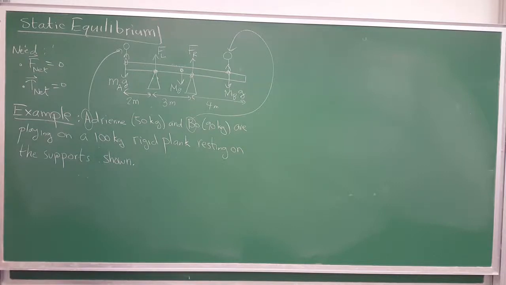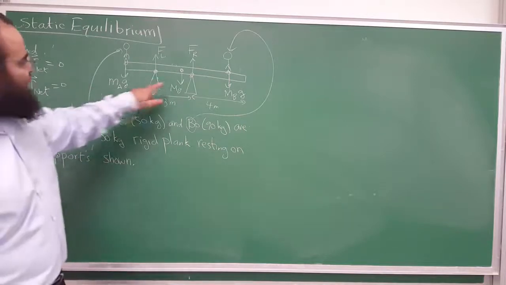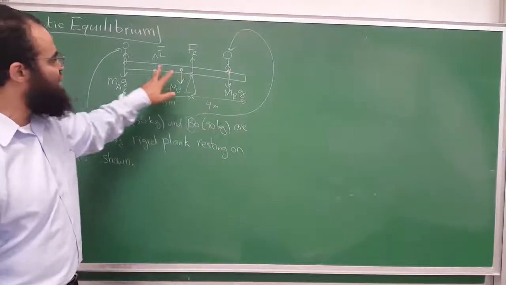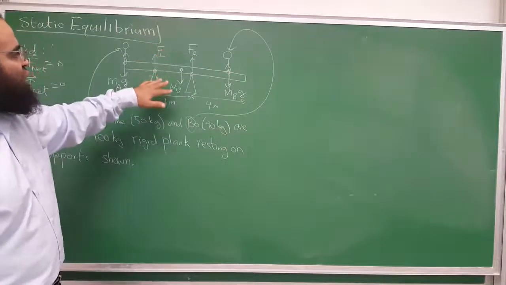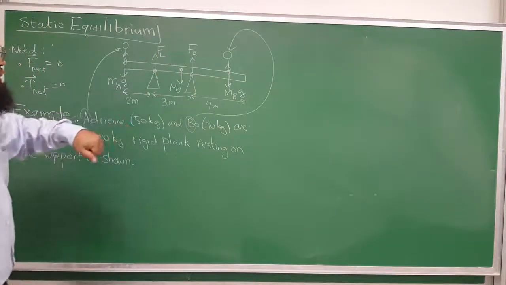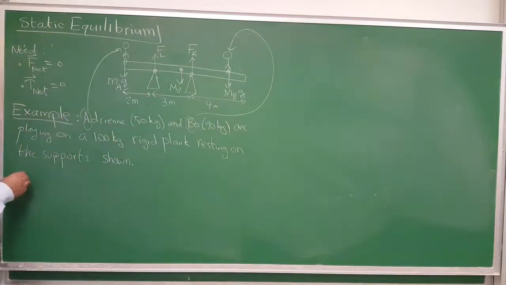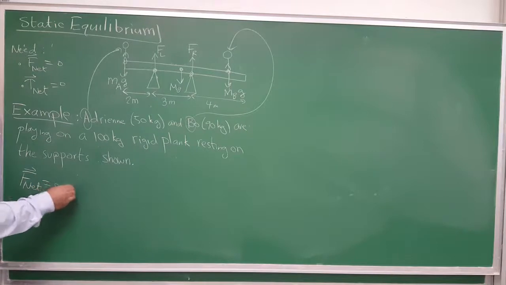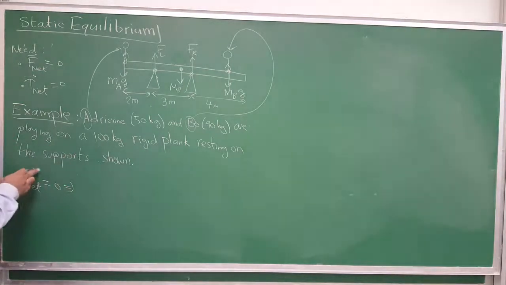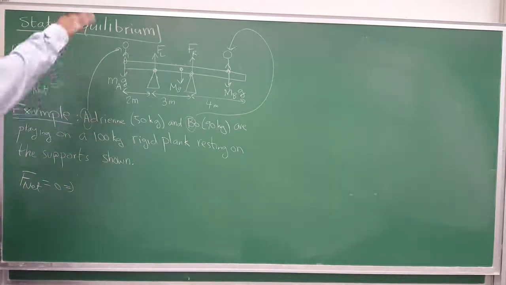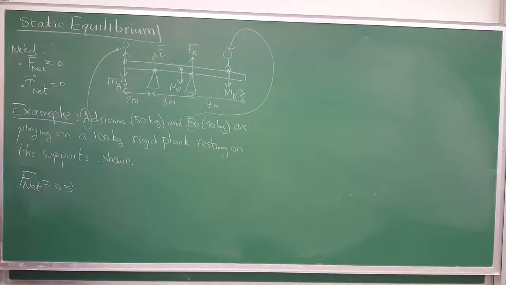So for it to stay in equilibrium, the net force has to be 0. So the first requirement is that the net force is equal to 0. Well, we have 1 force down, 2 forces down, 3 forces down, and 2 up. So the net force has to be 0. So here, no need even for the vector, because it's just in the y direction. We only have one dimension here.